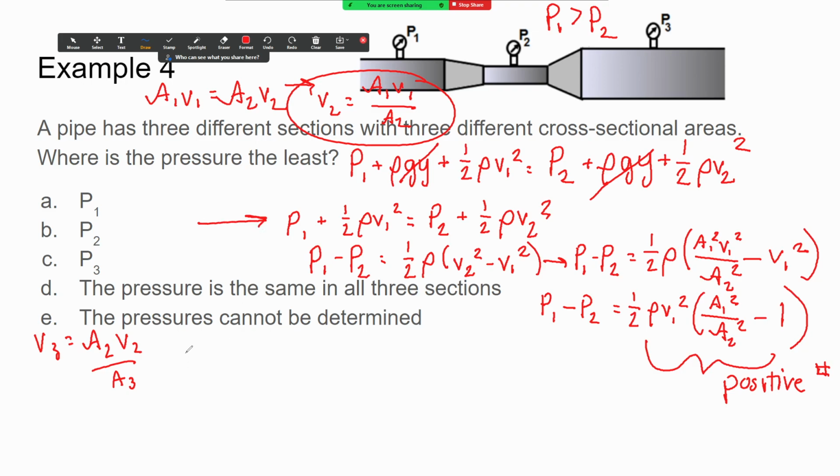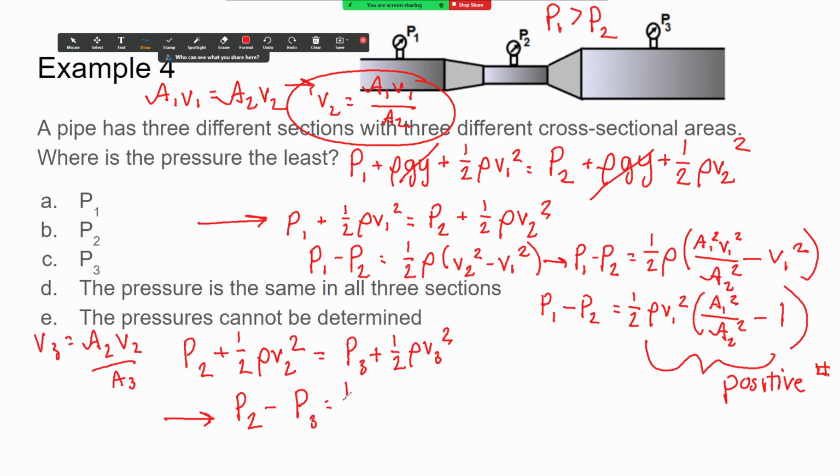I'm going to write it in terms of 2's and 3's though, so P2 plus 1/2 rho V2 squared equals P3 plus 1/2 rho V3 squared. And I'm going to say P2 minus P3 is equal to 1/2 rho V3 squared. Sorry.